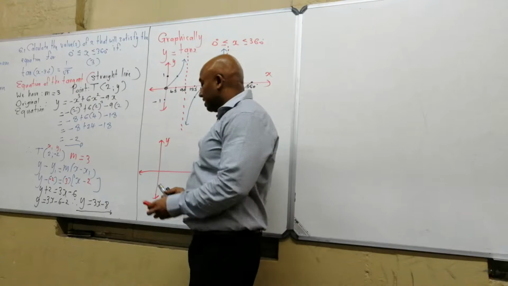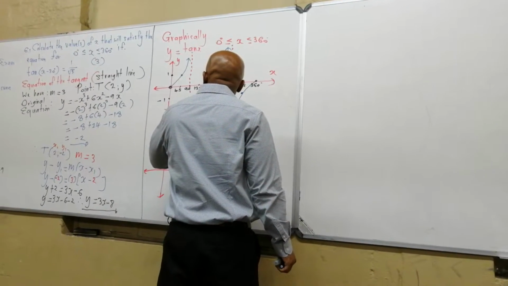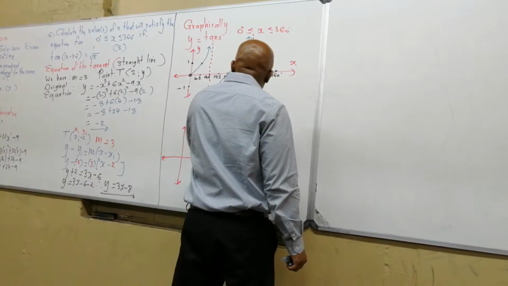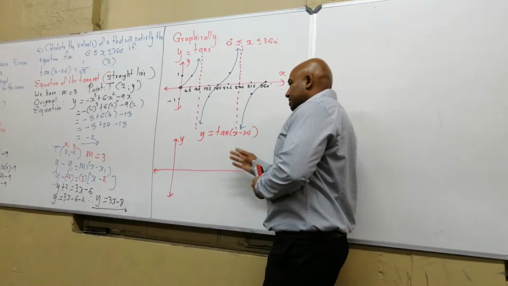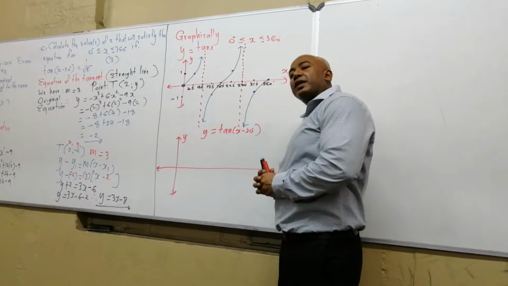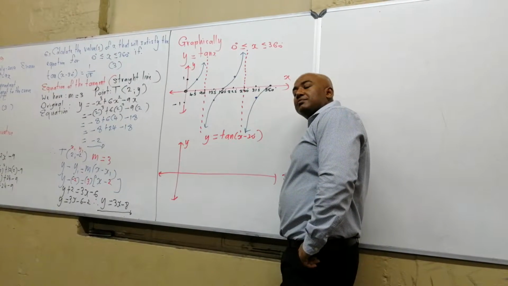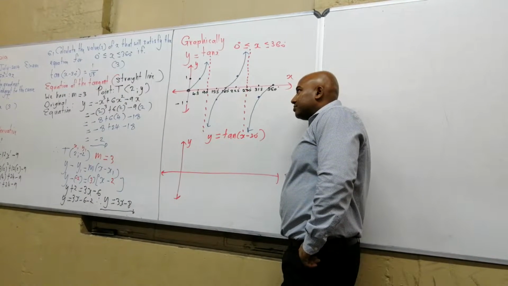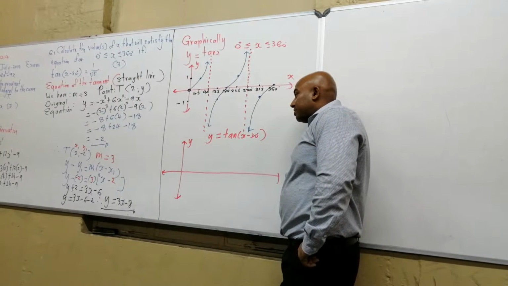Now, let's look at our new equation. We have y is equal to tan of x minus 30 degrees. Now, if you type this out and put 0 there, what do you get? Minus 0.577.